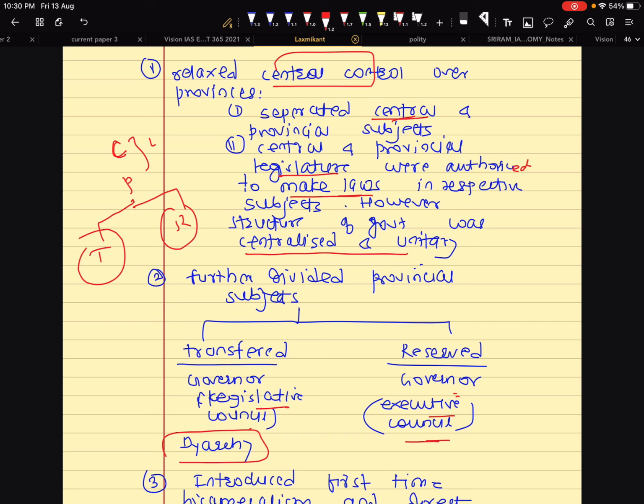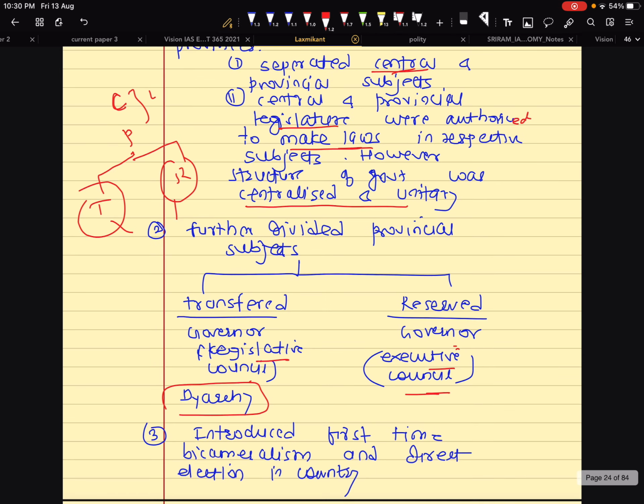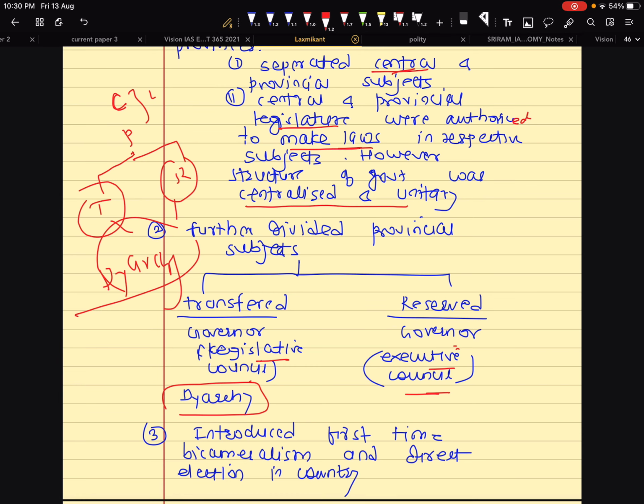So that is the system of double government, this is also government, this is also government. That's why it is called diarchy. I hope you understand the meaning of diarchy.